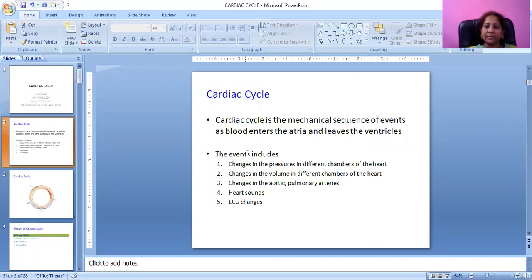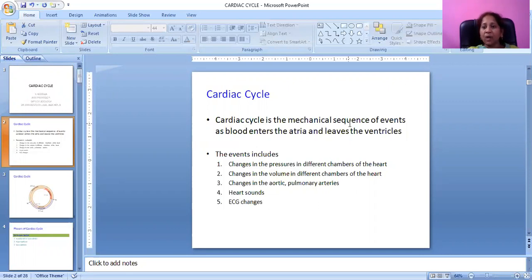Next, right ventricle and left ventricle. These two ventricles and two atria combined are called the four-chambered heart.